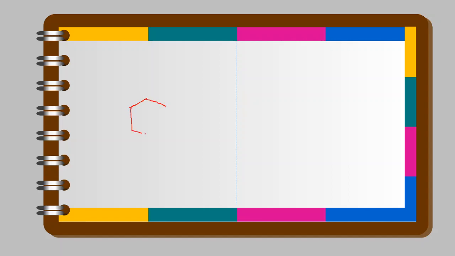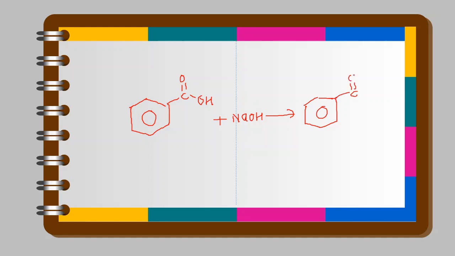And if I allow that benzoic acid to interact with NaOH, I know that in benzoic acid there is an H, so it's acidic in nature. It will react with NaOH. When acid reacts with base, there will be formation of a salt, and that salt we can say is a benzoate salt of this benzoic acid, also called sodium benzoate, COONa.